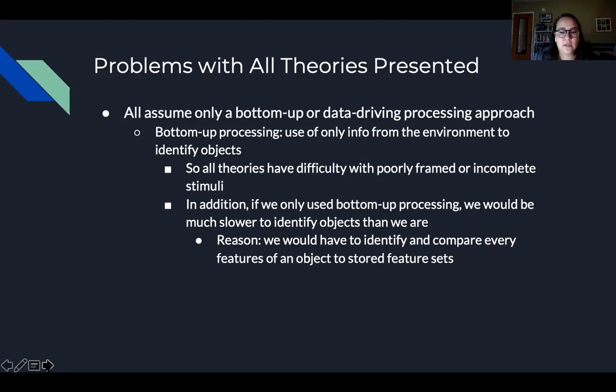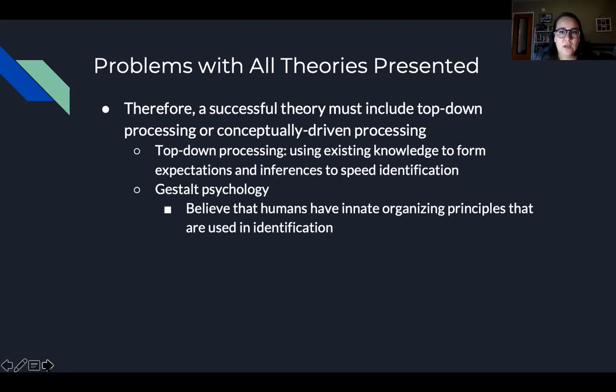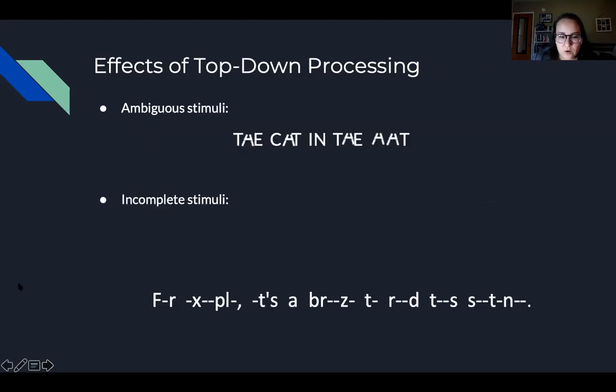So let's look at some of the problems that come up with these bottom-up processing theories, and why we then need to think about top-down processing as well. Let's say that you present the following phrase that is visually ambiguous. It's not entirely clear. This is supposed to say, the cat in the hat.